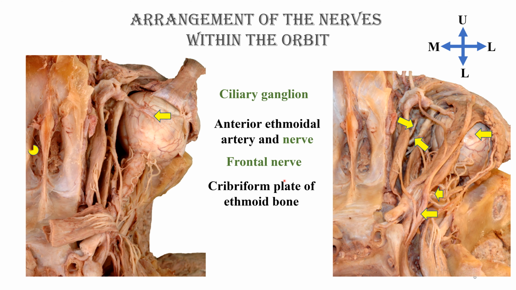Then the cribriform plate of the ethmoid on each side here and here of the crista galli, which is this one and this one. And lastly, in this slide here, that is the abducent nerve, going to the lateral rectus, and this is again the same going to the lateral rectus.